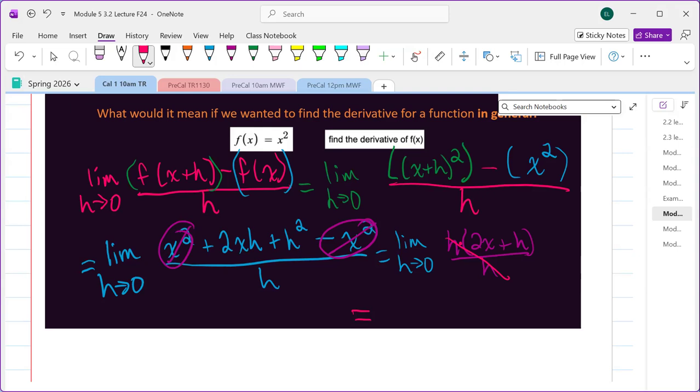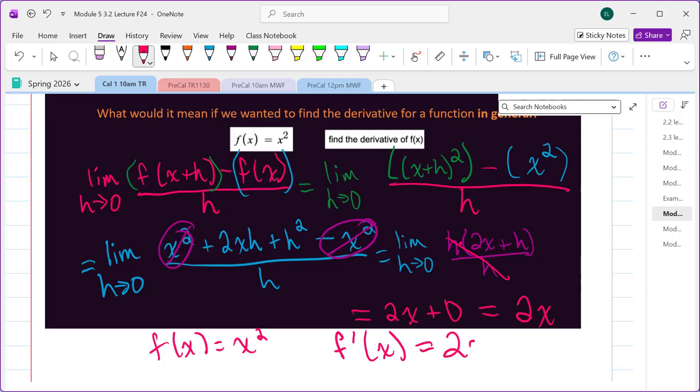So I have 2x plus 0, which means my derivative is just 2x. So for f of x equals x squared, f prime of x equals 2x. So we just proved that conclusively. So if I want to know the derivative for any x value of the function x squared, I just plug that x value into the formula 2x.